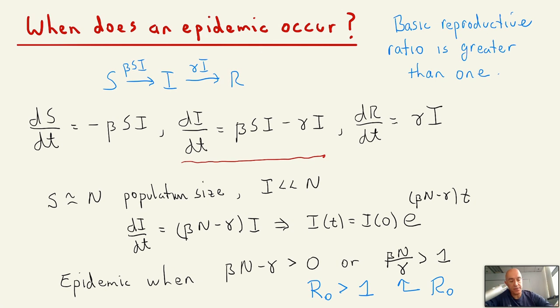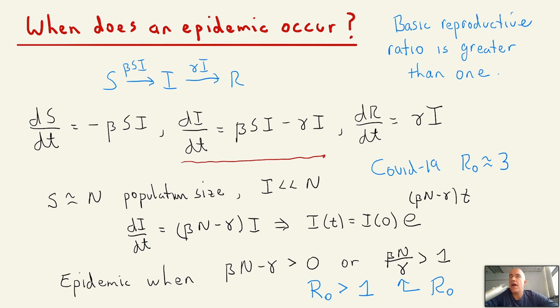For COVID-19, this R0 is estimated to be somewhere around 3. That's if there is no social distancing, right? If there's social distancing, then R0 goes down, becomes smaller. It becomes smaller because beta becomes smaller. The probability of an infected person infecting a susceptible becomes smaller. Okay.